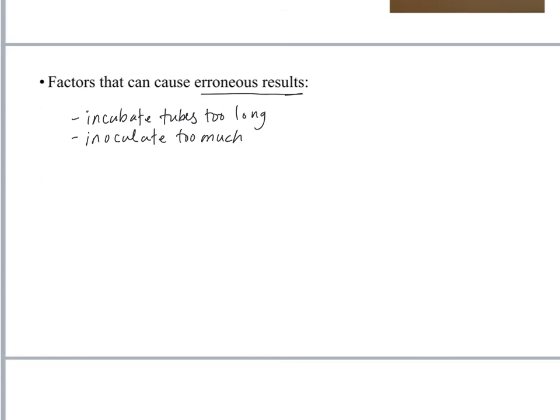But if you do either one of these two things, incubate them too long or inoculate with too many cells to begin with, what's going to happen is that your organism will basically eventually use up all the sugar.